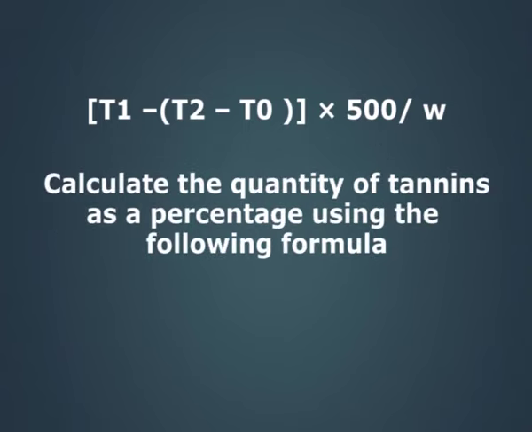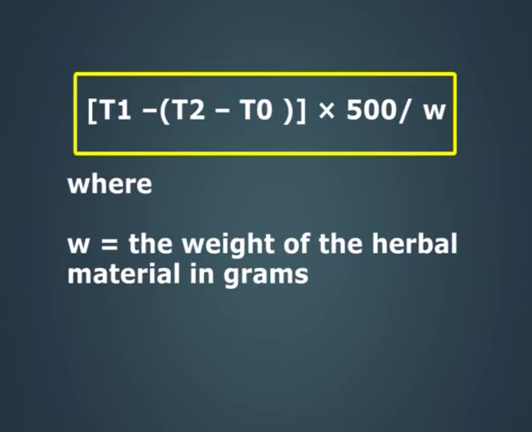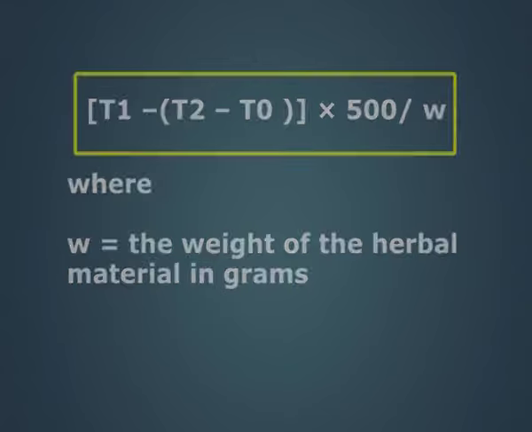Calculate the quantity of tannins as a percentage using the following formula: (T1 minus T2 minus T0) multiplied by 500, divided by W, where W is the weight of herbal material in grams.